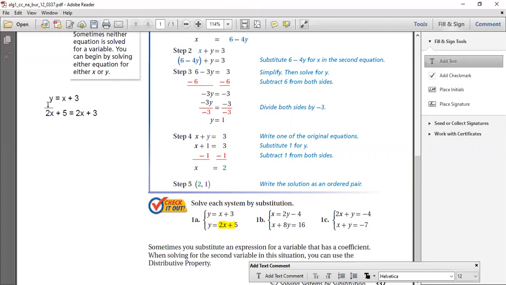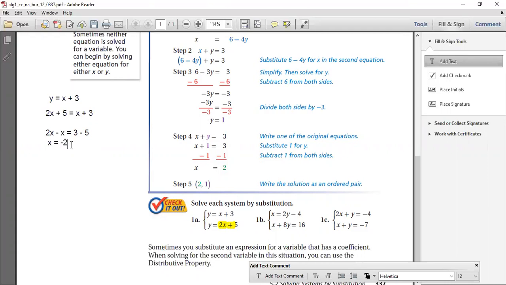In place of the y, I wrote that, and then in place of the same, I have x plus 3. So what's the next step to be done? Next step is bringing all the x's to one side. So that's going to be 2x minus x equals 3 minus 5, right? Okay, the next step, 2x minus x is going to be x, equals 3 minus 5, which is minus 2.